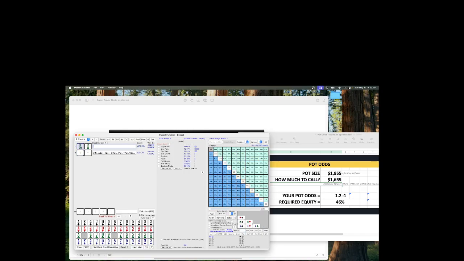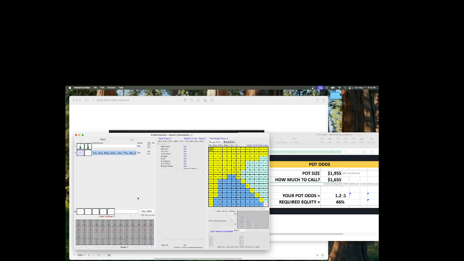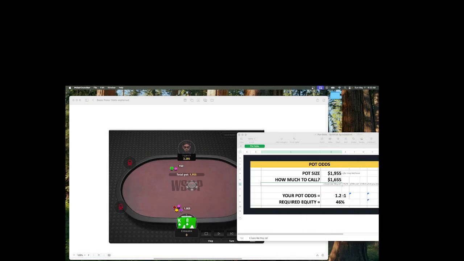So let's say I'm shoving jack 10. So he'd be 54% against jack 10, which is reasonable to shove heads up in that situation as well.